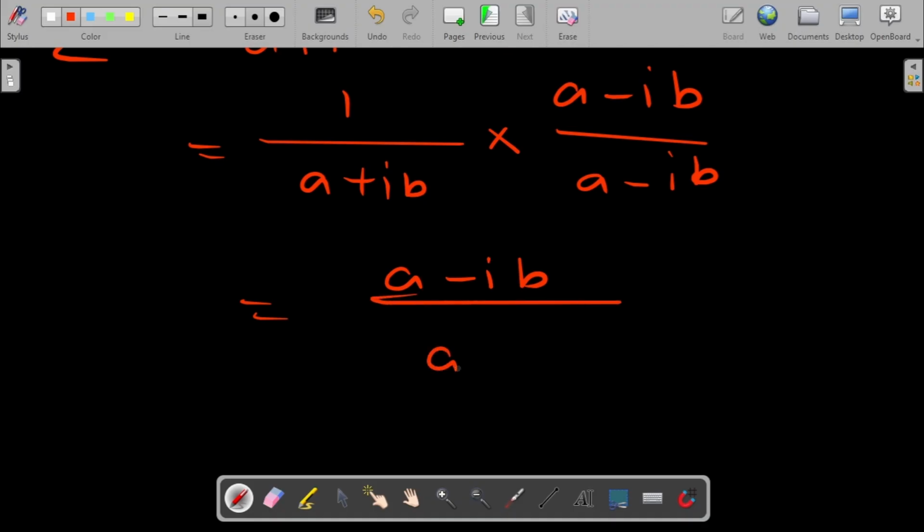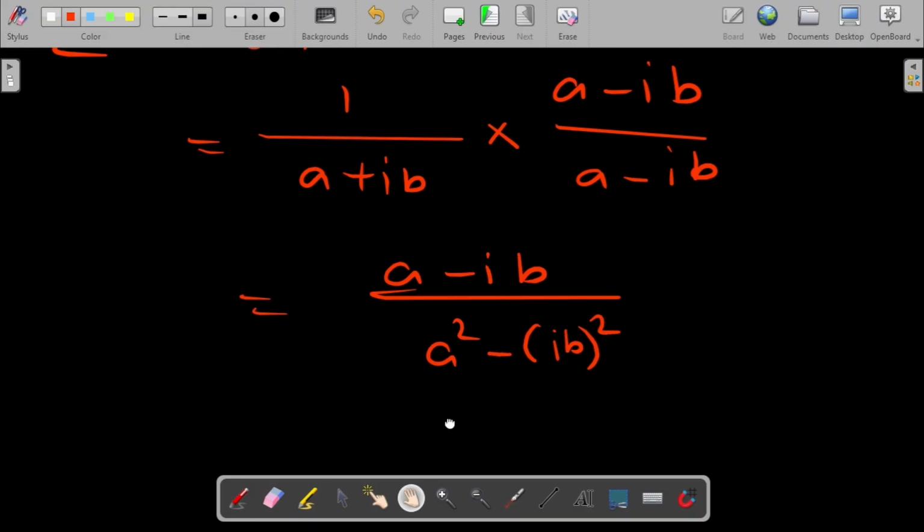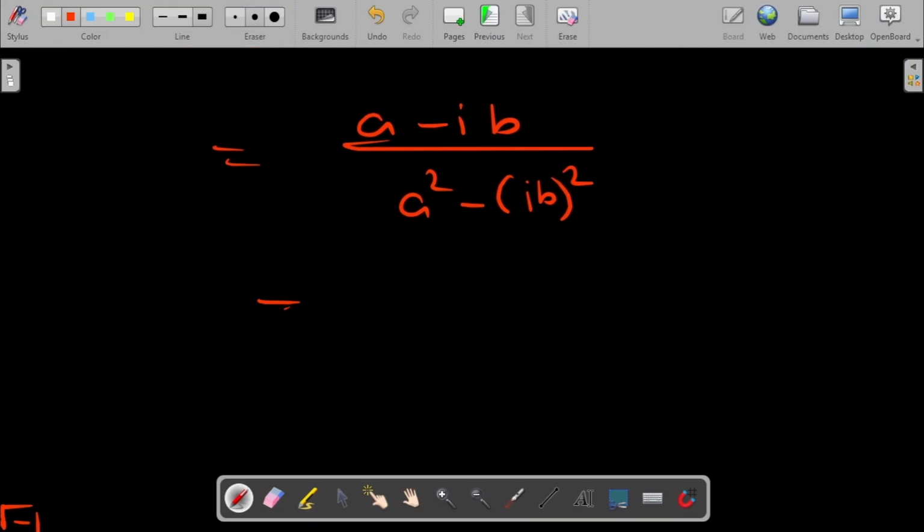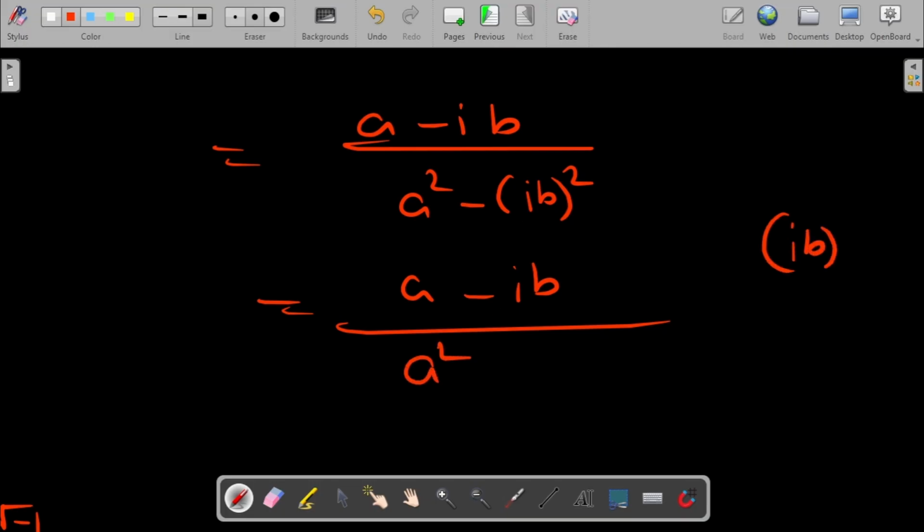So this equals A - iB divided by A square minus (iB) square. So this equals A - iB divided by A square, and here (iB) square equals i square and B square, and we know that i square equals minus 1. So minus 1 multiplied with B square gives minus B square.